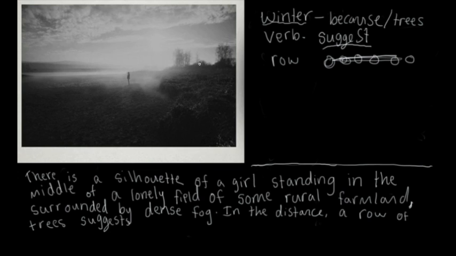So I'm going to say that these things are suggesting when something isn't really doing something. It seems to be doing something human, right? Like trees can't really suggest something. Hey, you should check out this movie, it was really great. No, a tree can't do that. But we can use a human sort of verb to give a tree a kind of personality or to add some vivid description.